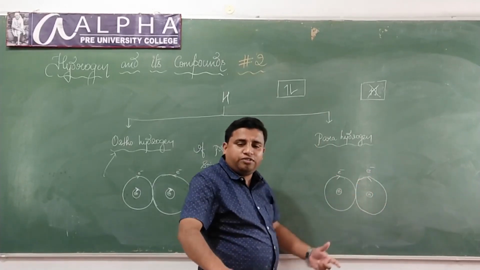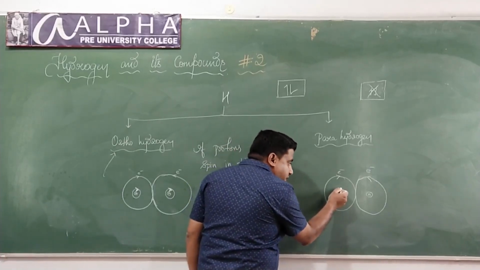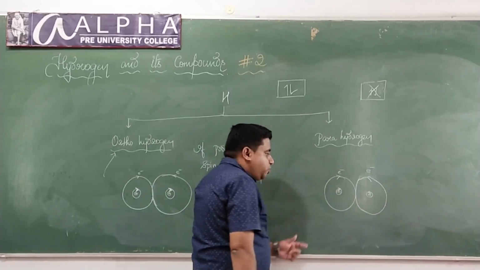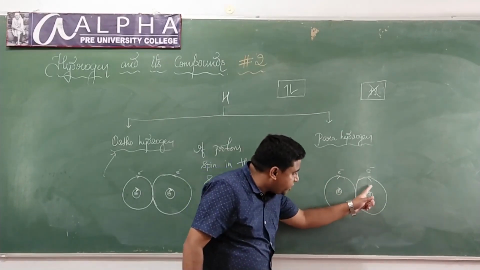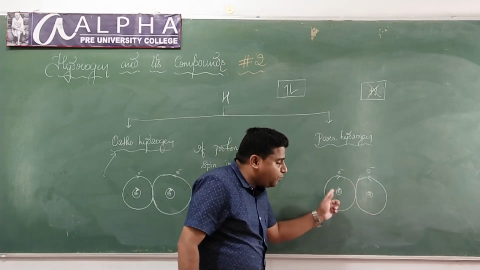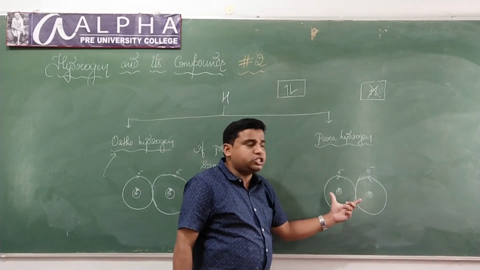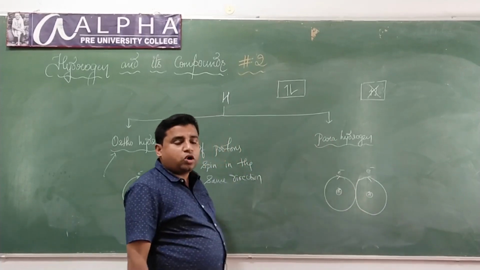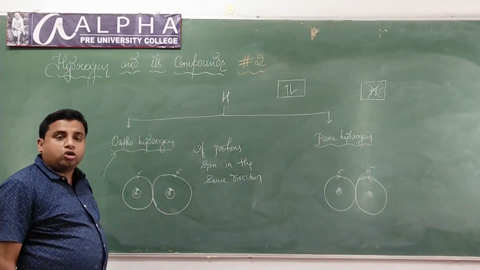Just like the spin of electrons, there will be spin of protons. If this proton is spinning in clockwise direction and this proton in anti-clockwise direction, the protons have opposite spin, and that hydrogen is called para-hydrogen. If the protons have the same spin, that is ortho-hydrogen.